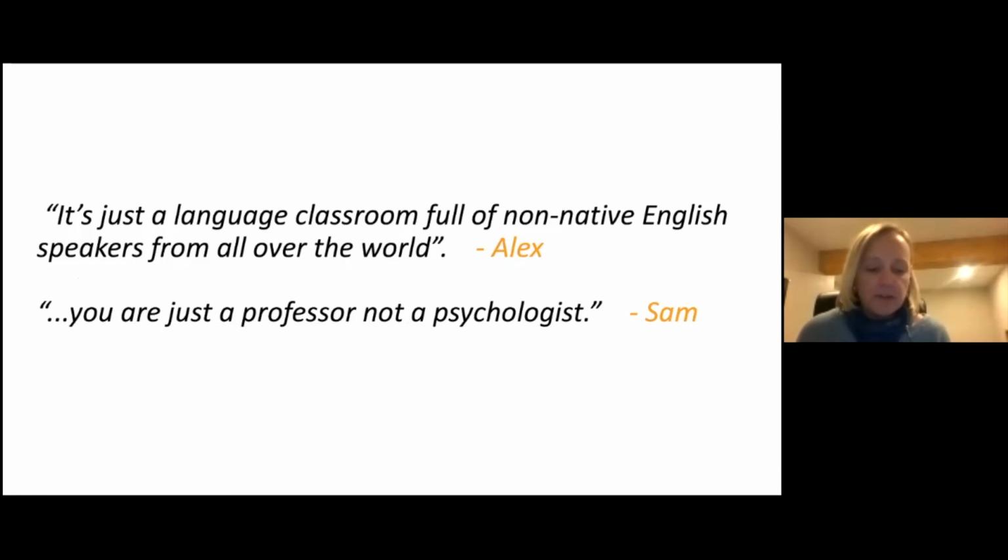So in regards to trauma, these professors expressed that it can be very challenging because they don't really know how they can help students from a refugee background. They don't have that experience, they don't have that know-how, and so they feel ill-equipped to do so.